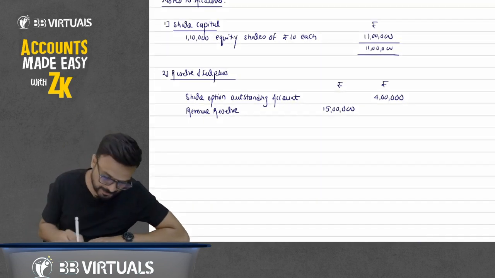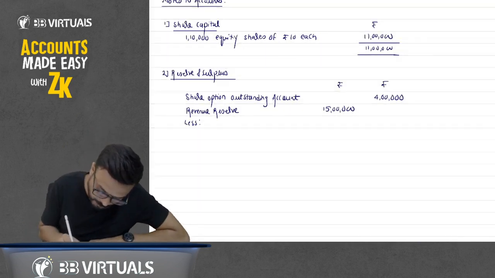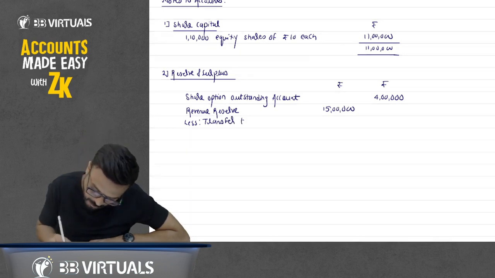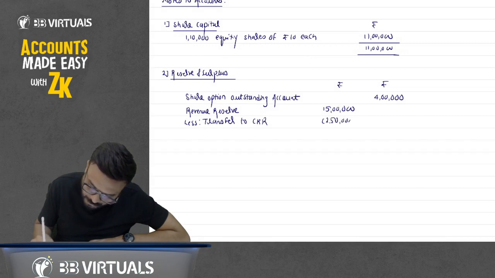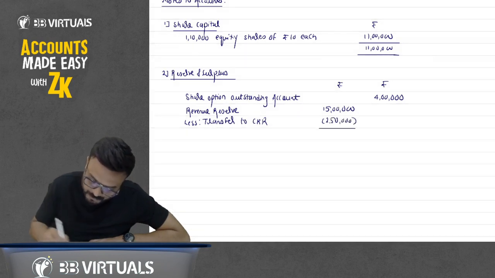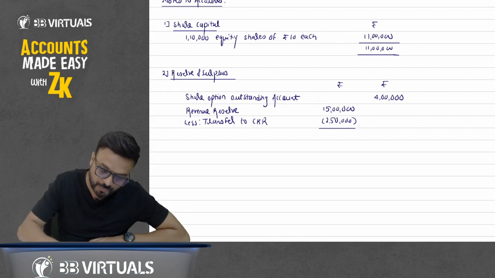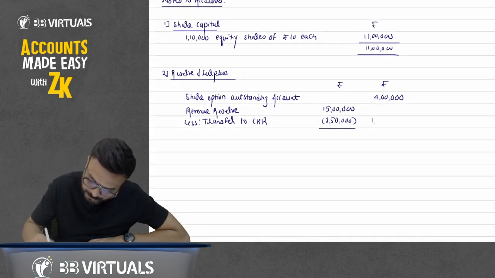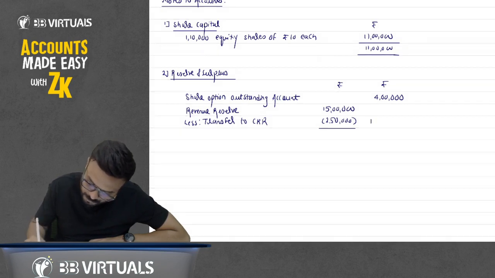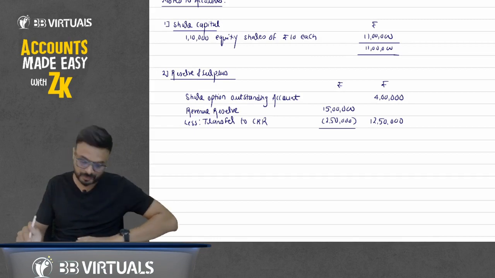So write down here, less transfer to CRR 2 lakh 50,000. So how much will come in the outer column? 15 lakhs minus 2 lakh 50,000. It will come 12 lakh 50,000.